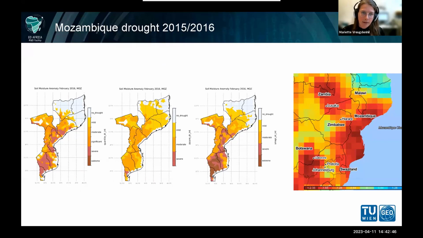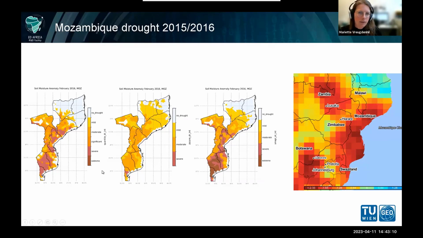So looking at the three soil moisture-based drought indicators and comparing this to the SPEI, we can see very similar patterns, right? So the most severe drought conditions are in Maputo, Gaza, and Inhambane, mainly, which we can also see here in the SPEI.